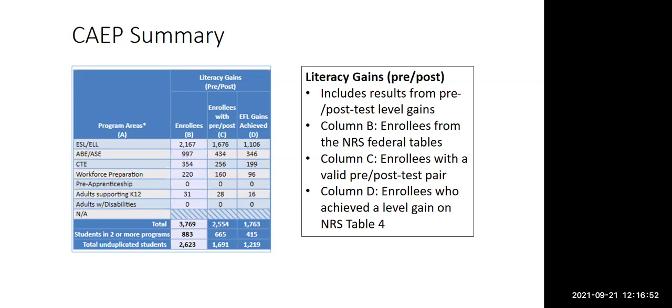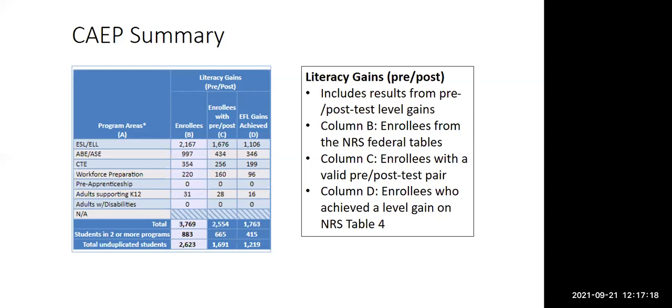We're looking at literacy gains pre-post. Again, this is getting the information directly from NRS table 4. That's another reason why I started there. But again, it's looking at the enrollees in column B. That's basically the same concept as what we looked at in column B for table 4. Column C, that's basically giving us the number of enrollees from table 4B.